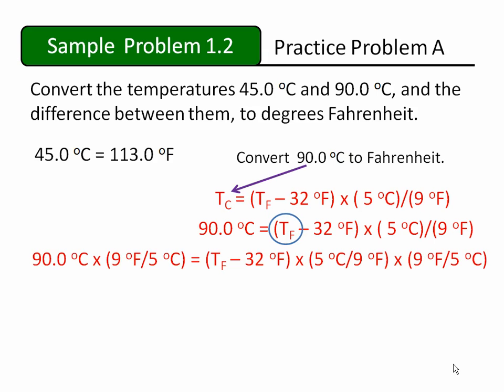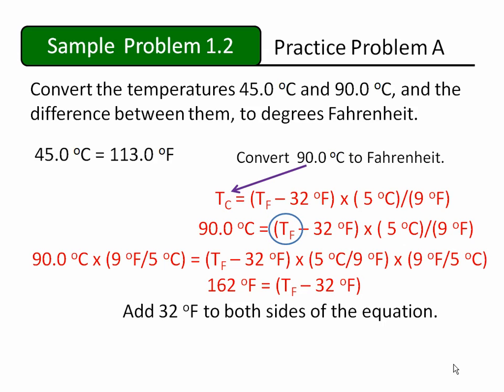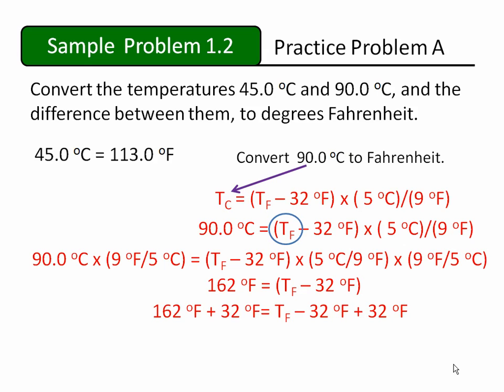This will cancel the fractions on the right side of the equation and leave us with a value of 162 degrees Fahrenheit being set equal to Tf minus 32 degrees Fahrenheit. Algebraically now, we'll add 32 degrees Fahrenheit to both sides of this equation and we'll find a final result of Tf equals 194 degrees Fahrenheit.